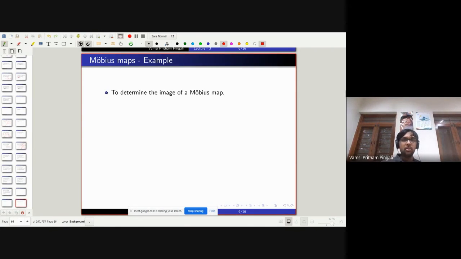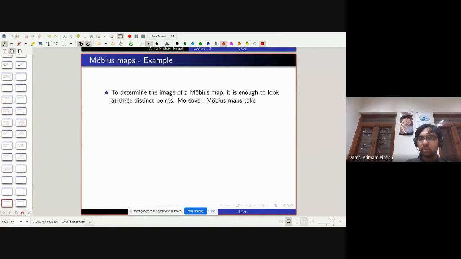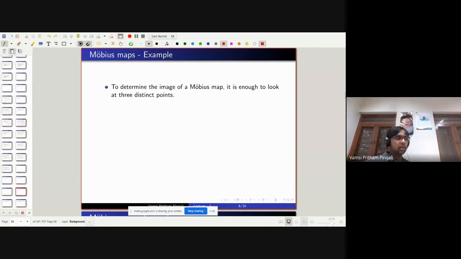So to determine the image of a Mobius map, it is enough to look at 3 distinct points. What does that mean? Suppose I take these 3 points. Let's say they all lie on a circle. They do not obviously lie on a line.